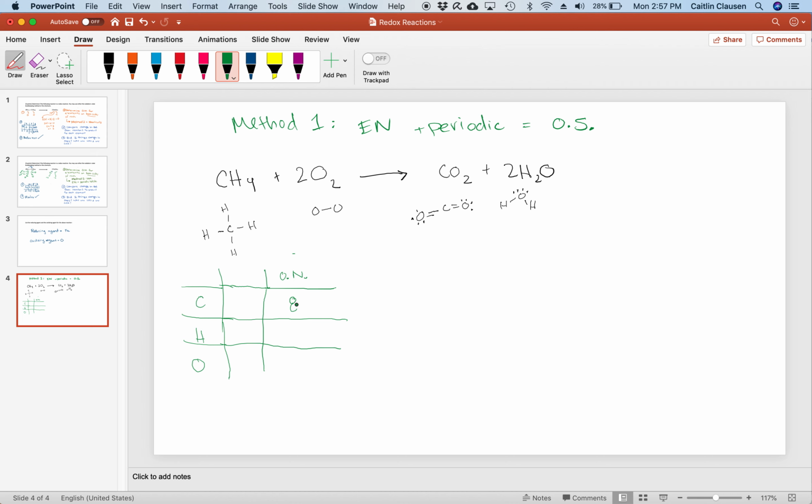We just said here it has 8 and this has 0. And oxygen here, not applicable, because there's no electronegativity difference. Oxygen and oxygen have the same electronegativity.